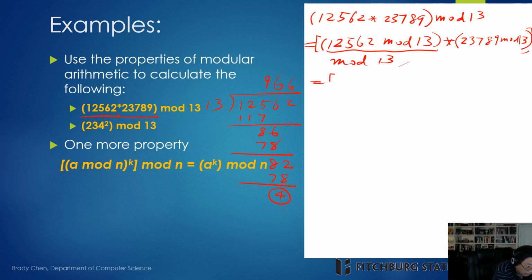So the remainder of the first one is 4, times the second one. Then we divide 23,789 by 13. Then what do we get? Let's see. We get a 1, 13, 0, 1, 107. Then what do you get?